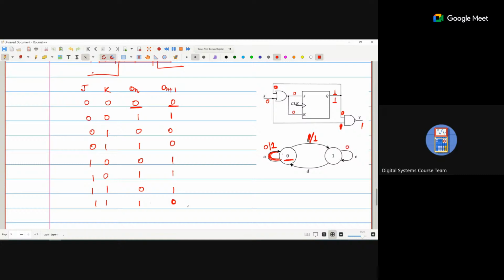So that means x is 0. No, this is the problem.